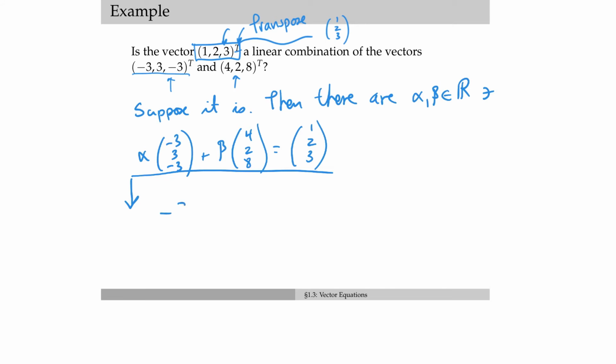And that augmented matrix is -3, 3, -3, 4, 2, 8, and then 1, 2, 3. Thinking back to that same section, what I must do now is row reduce this to row echelon form, reduced row echelon form, and from there I can use the theorem that tells me about the consistency of a system and the number of solutions and such.